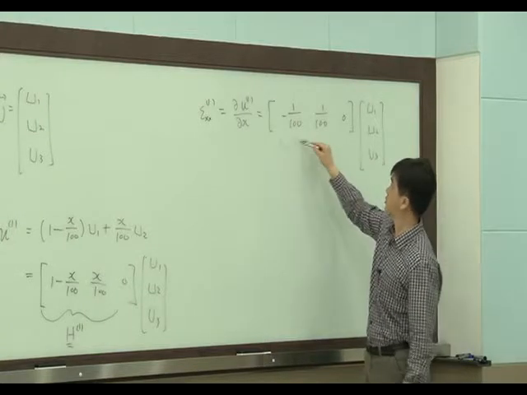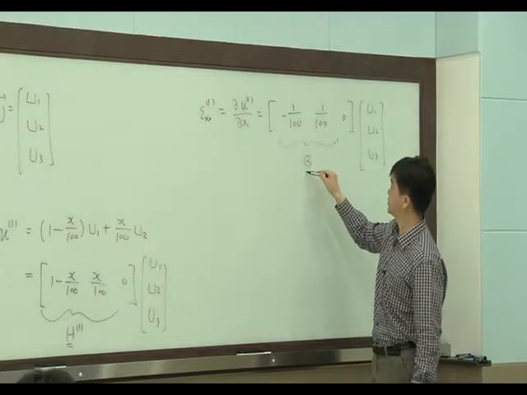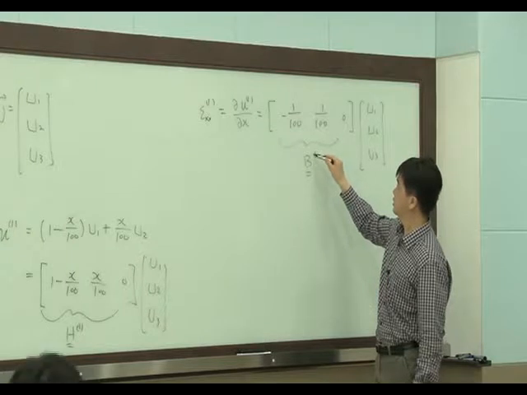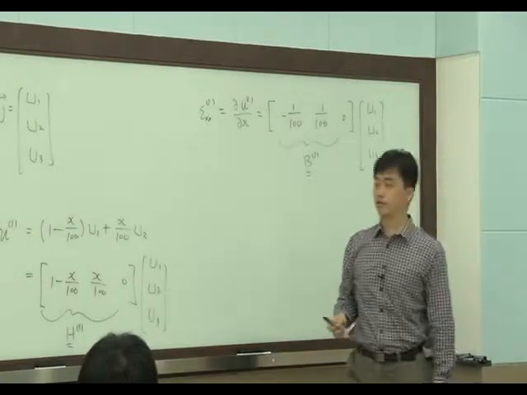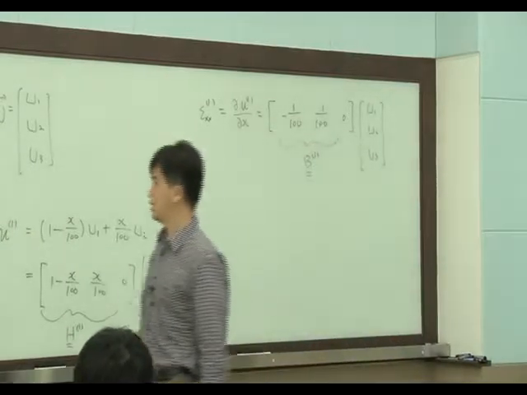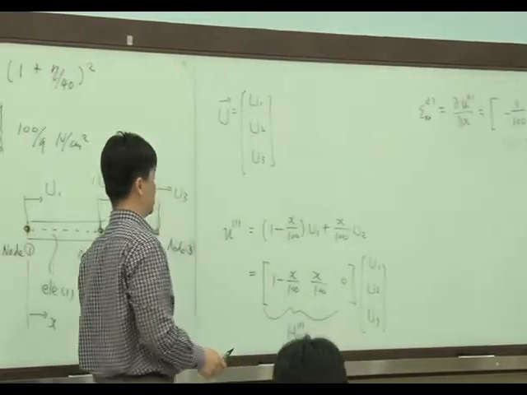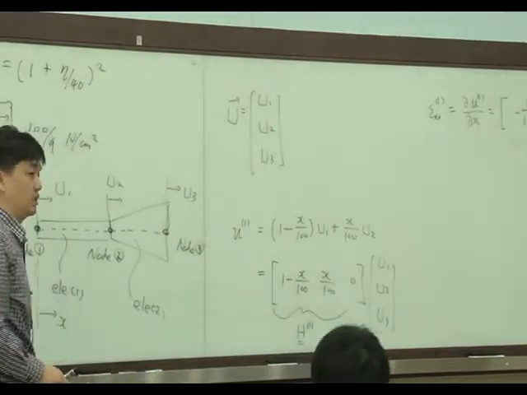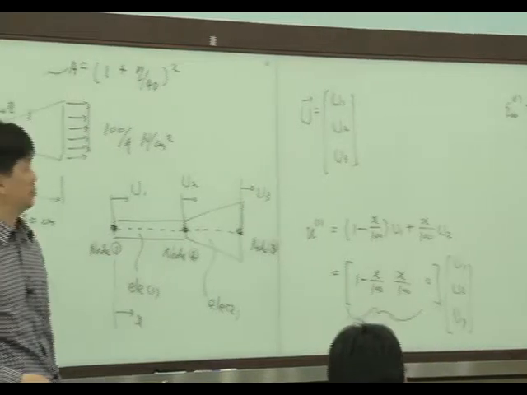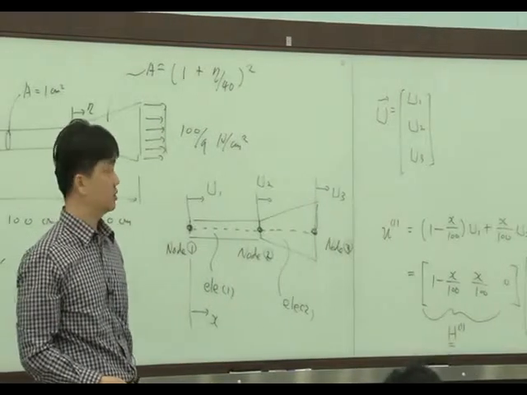And this matrix becomes the B matrix, B1. So now you know how to find the H matrix, the displacement interpolation matrix, and the B matrix, the strain interpolation matrix, right?